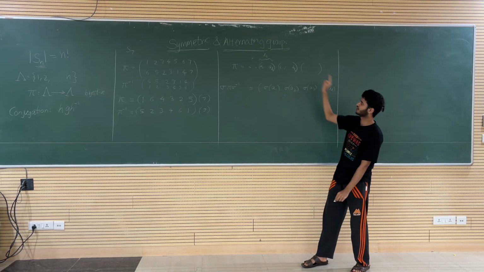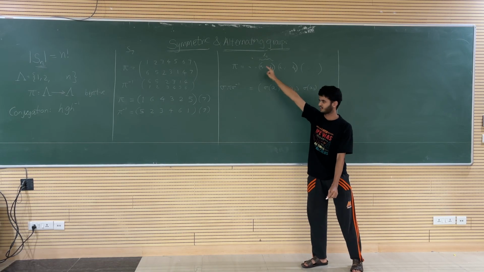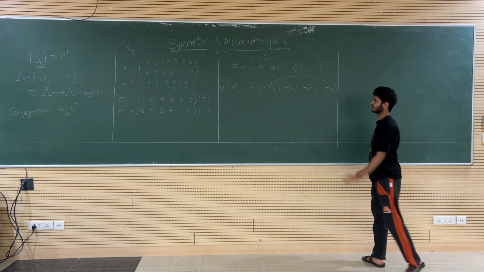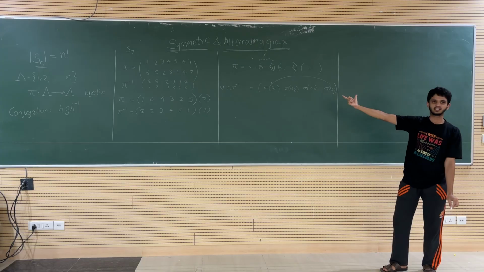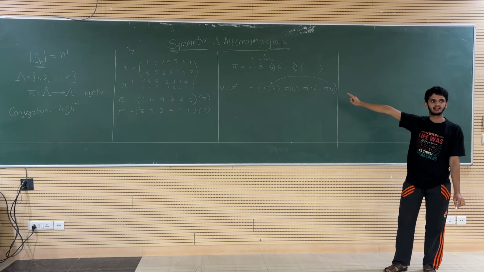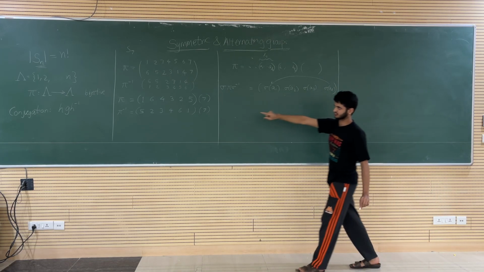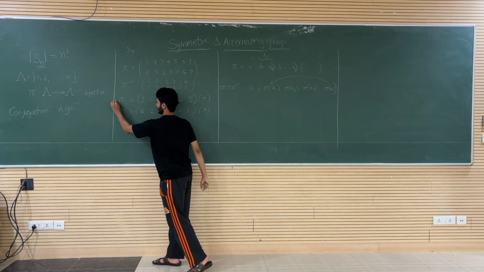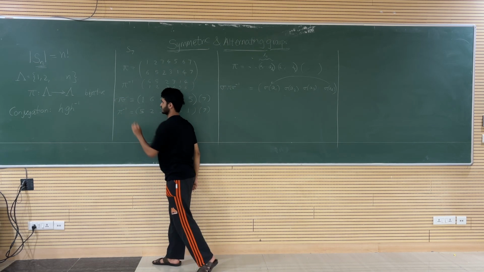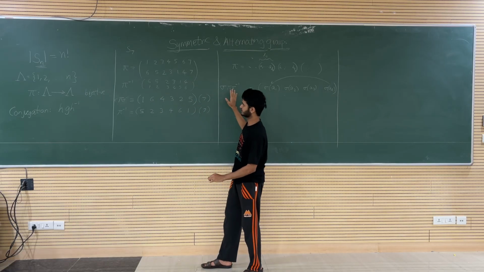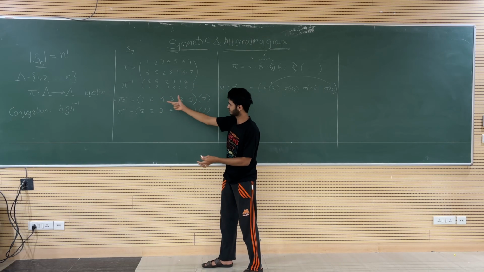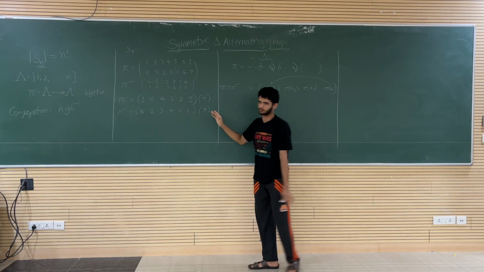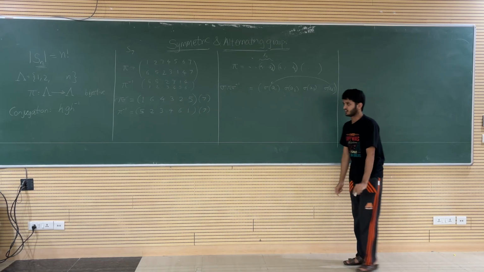Pi of A L1 sends it to A1 itself, and then sigma A1. So this comes back to the start. So this is the cycle you get. What is the length of the cycle? Still L1. So the cyclic structure is preserved. If we take any permutation in S7, multiply it here and the inverse here, you get the same structure: the same 6-cycle and a fixed point. That's what you get every time.